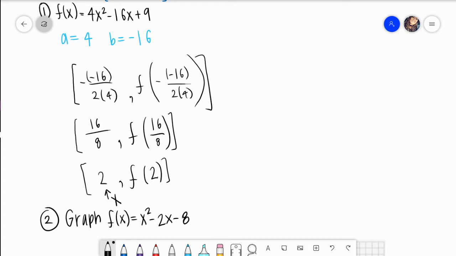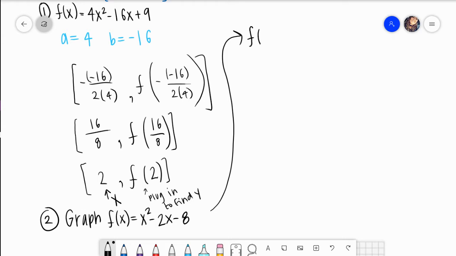And then my f of 2, we plug in to find our y. So we're going to take our function, f of x equals 4x squared, a negative 16x, and a positive 9, and plug in our 2.